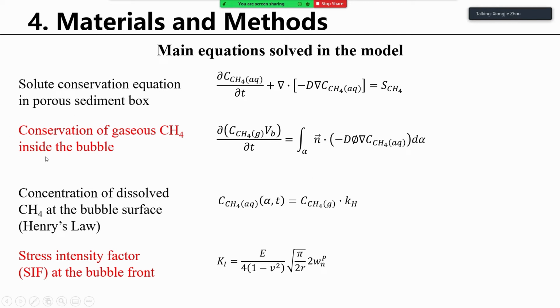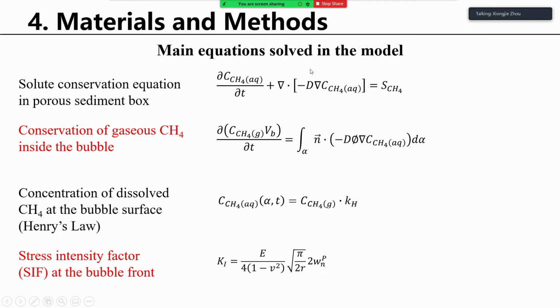Next part here is conservation of gaseous methane inside the bulb, and this is the rate of change of gaseous methane within the bulb. How this mass of gas changes with time depends on the diffusive flux through the bubble surface.